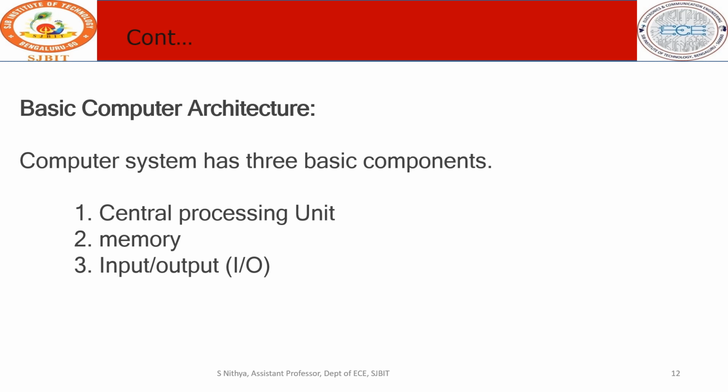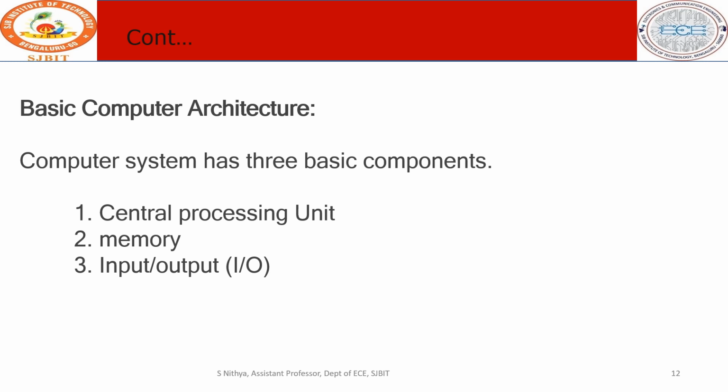We know that a computer system has three basic components: the central processing unit, memory, and input/output. Input/output is something like a printer, terminal, or modem. One or more inputs enter into the particular input devices, and the same can be produced at the output of that box.